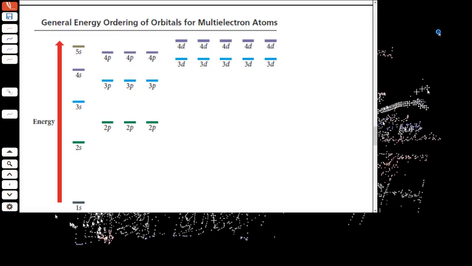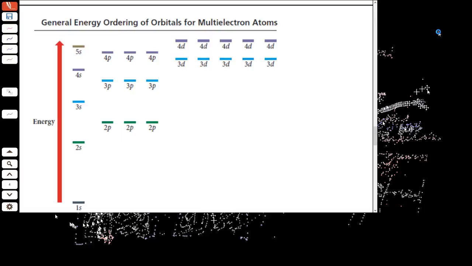So once we get up to the 3d, you'll notice that the 4s is actually listed as lower than the 3d. Now, I should make clear that is not actually accurate. It is not true. The 3d orbitals are indeed lower energy than the 4s.